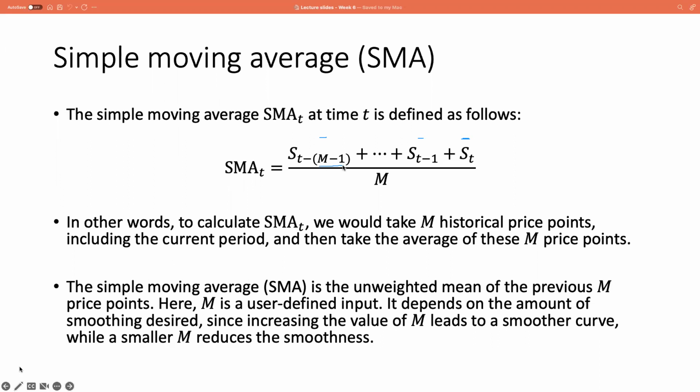So this is n minus 1 because we are taking the current time point into consideration as well. So this summation is the historical prices of size n, including the current time point. And we just add them up and then divide by n. So this is to calculate one average point.